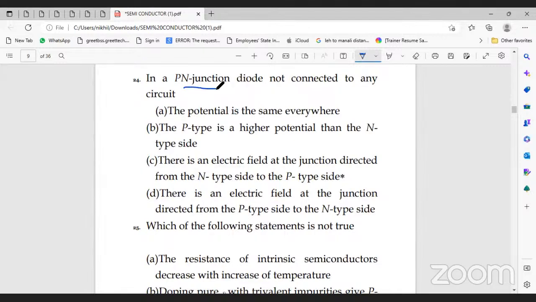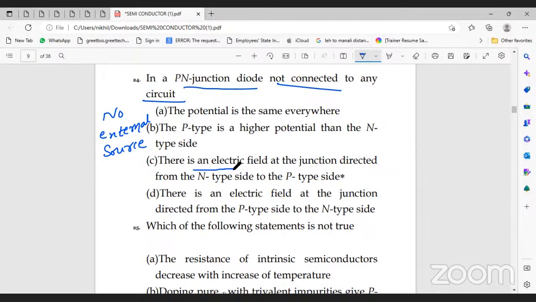So if the PN junction diode is not connected to any circuit, it means there will be no external source.